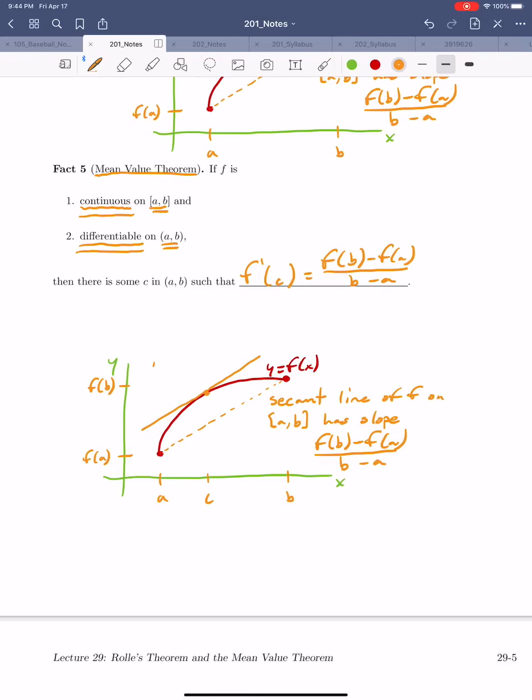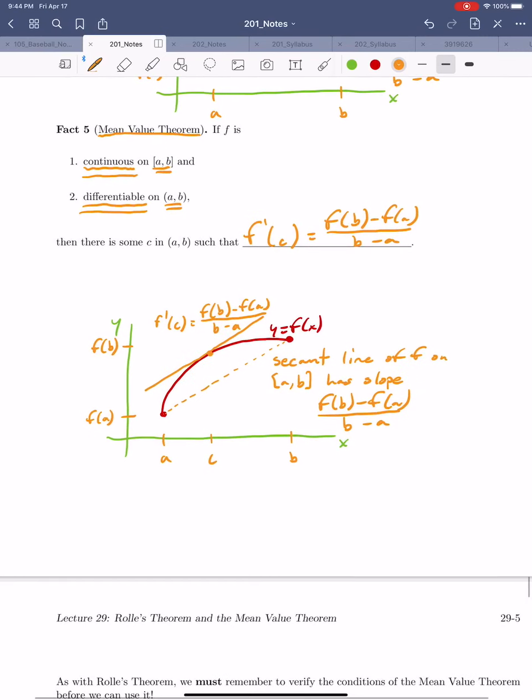So I'm just going to write here f prime of c equals f of b minus f of a all over b minus a. Okay, so that's what the mean value theorem says.